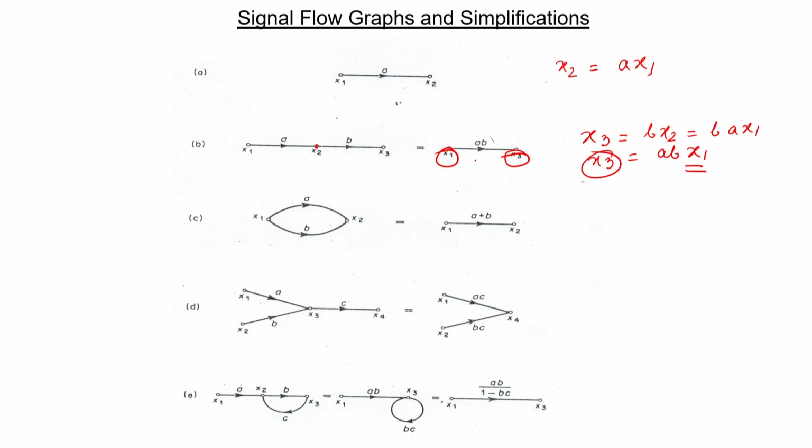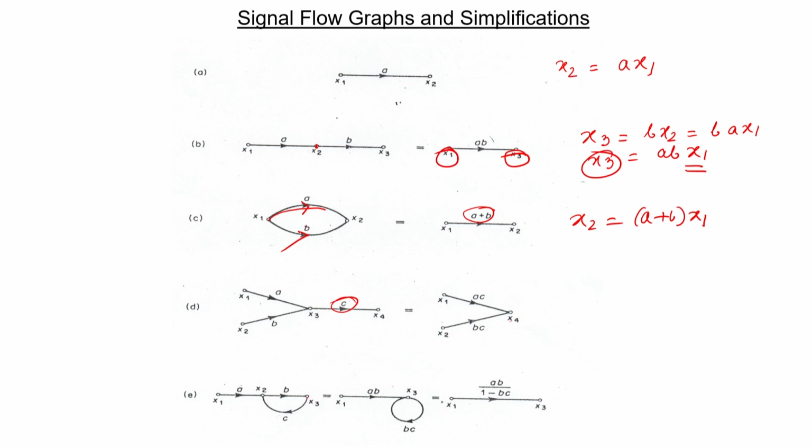Similarly, if you look at this particular problem, here you have x2 coming from two ways, ax1 and bx1. So, you can write x2 as (a plus b) x1, and in this case I can treat this part separately, I can write it as AC, BC.